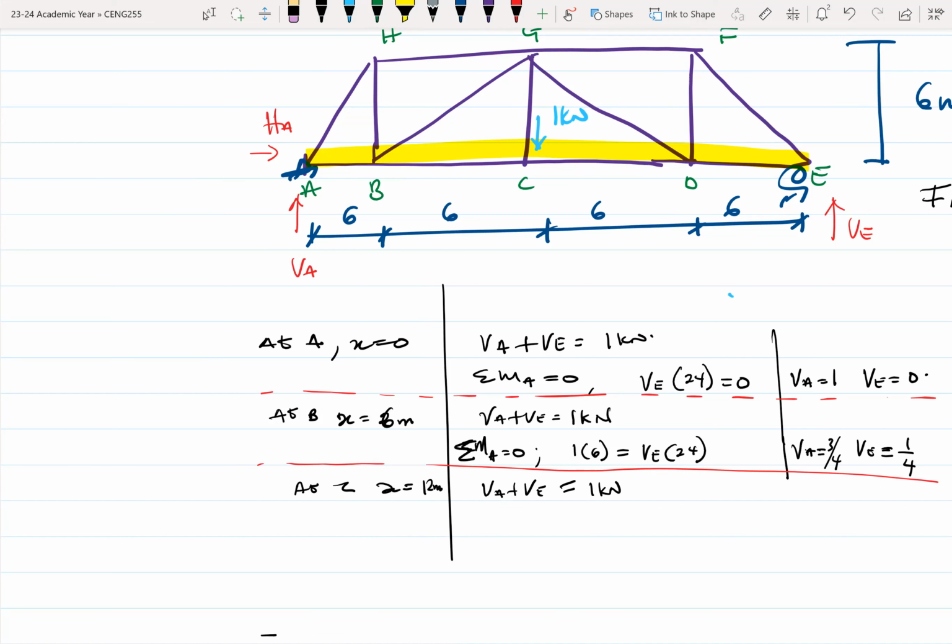And then if you take moments about A to be equal to 0, it becomes 1 times 12 equals VE times 24. You'll see that a pattern is being developed, right? So here VA would be half, and then VE would also be half, all right?